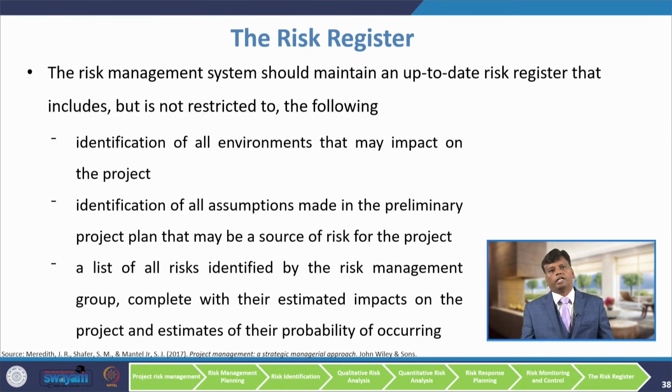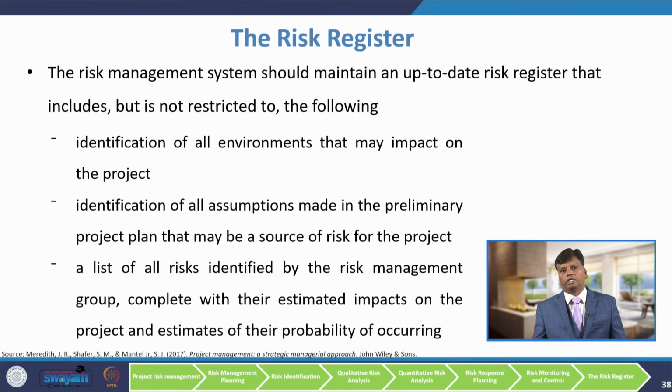The risk management system should maintain an up to date risk register that includes, but is not restricted to, the following. One is identification of all environments that may impact the project, and identification of all assumptions made in the preliminary project plan that may be the source of risk to the project. Then a list of all risks identified by the risk management group, complete with their estimated impact on the project and estimate of their probability of occurring.